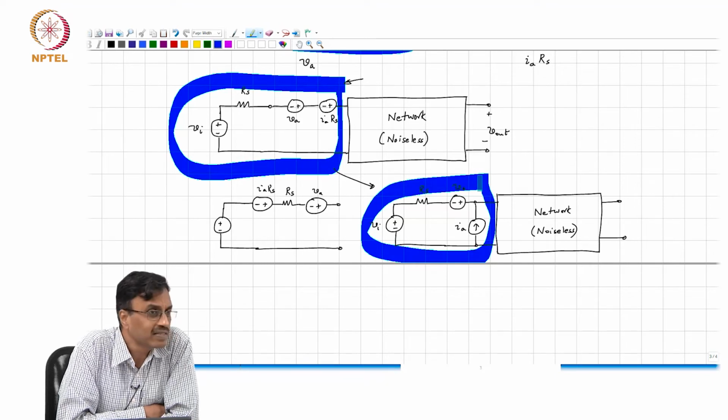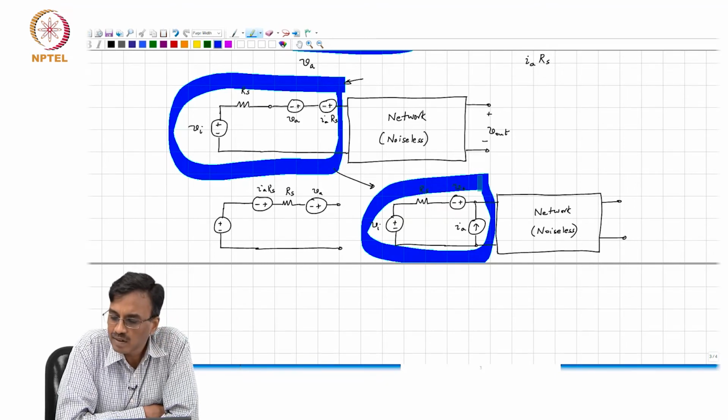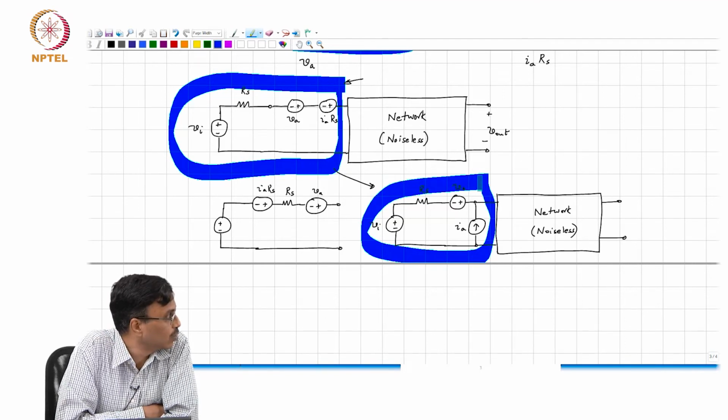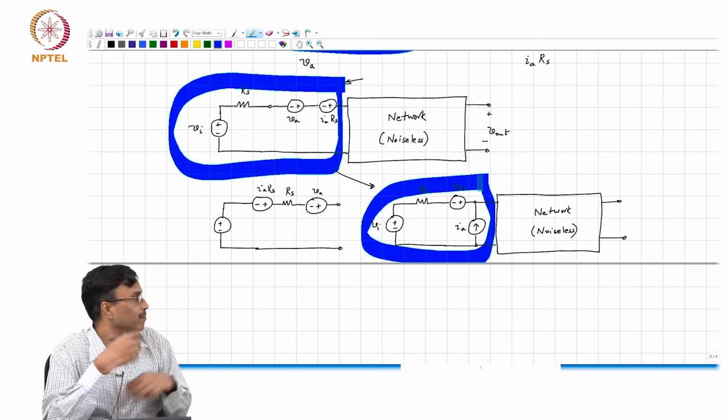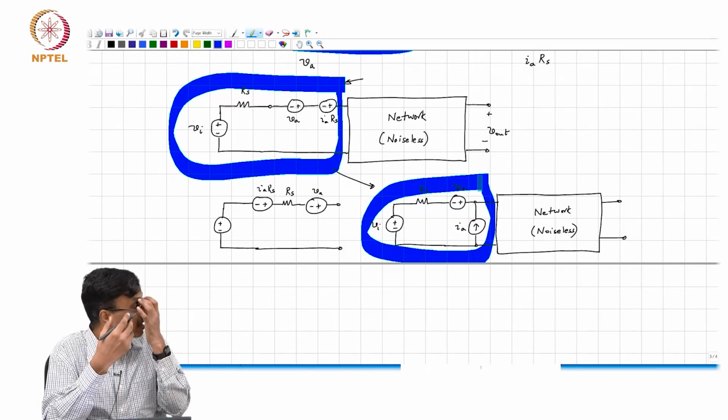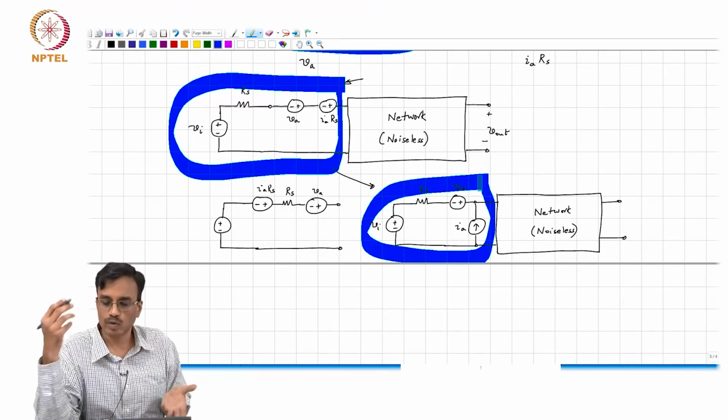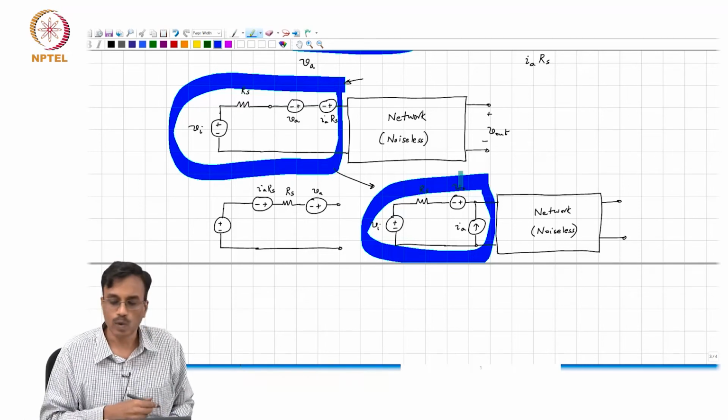Vi plus Va plus Ia times Rs. And the Thevenin voltage in the lower circle? It is the same, Vi plus Va plus Ia times Rs. So, these two are evidently equivalent.